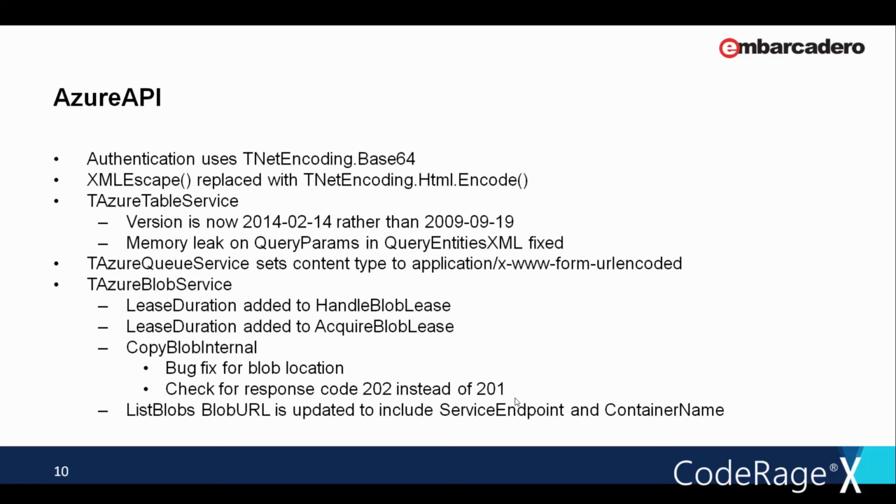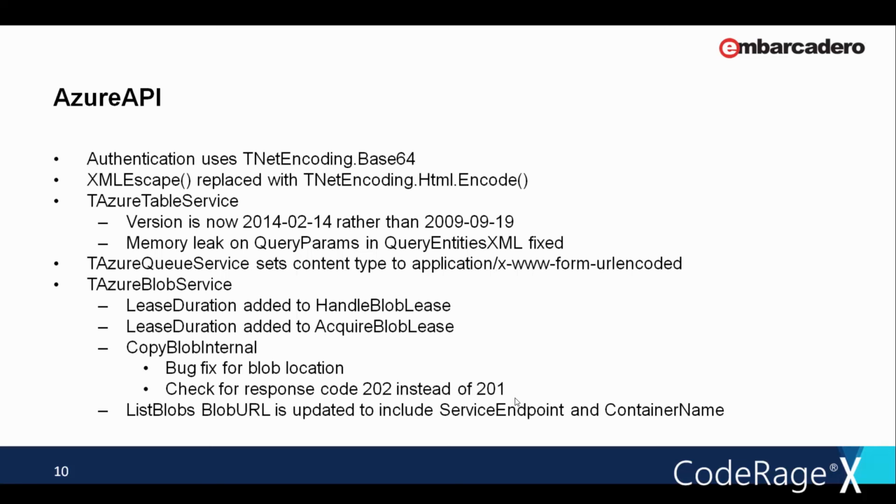Azure API has some similar changes. Authentication is using the TNet encoding rather than embedded encoding. XML escape has been replaced by TNet encoding HTML encode. Azure Table Service version has been updated to the 2014 release rather than 2009. There was a memory leak in query params on the query entities XML function that got fixed.